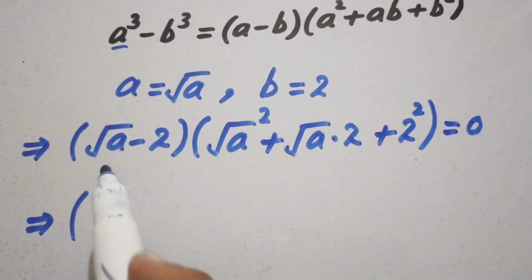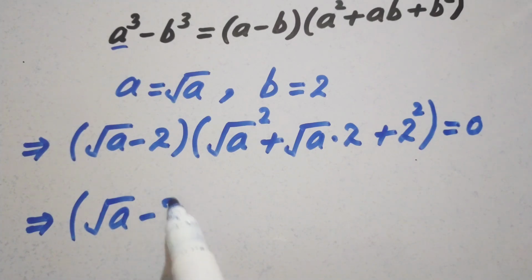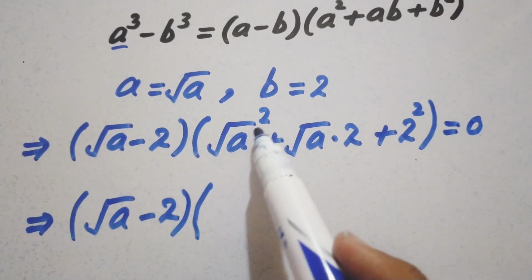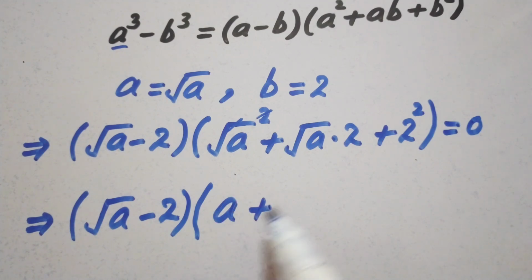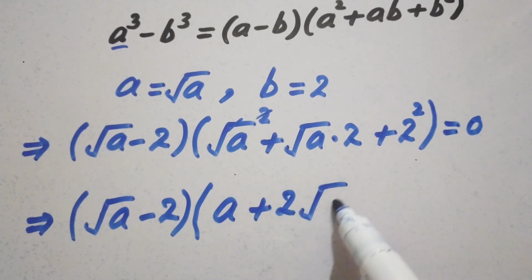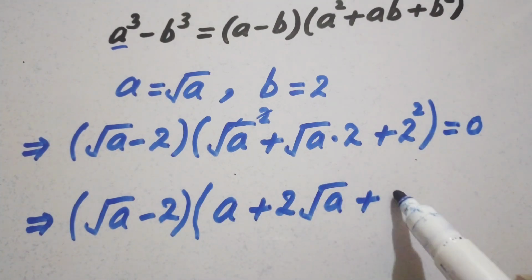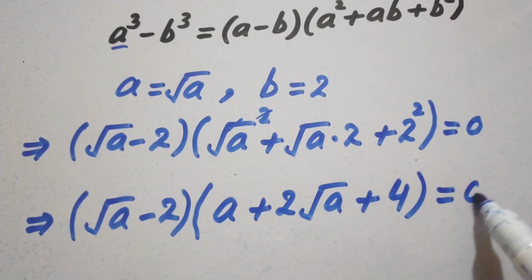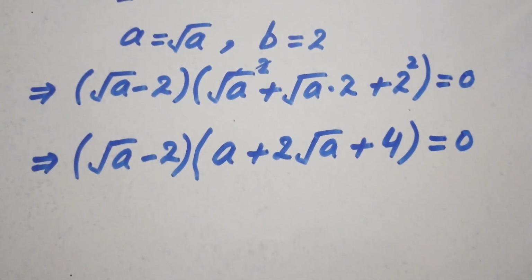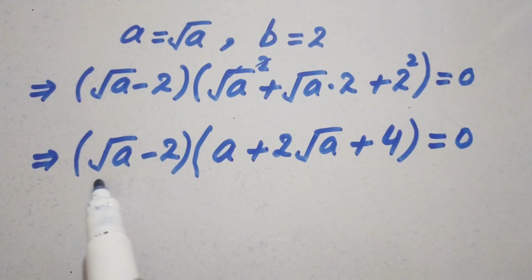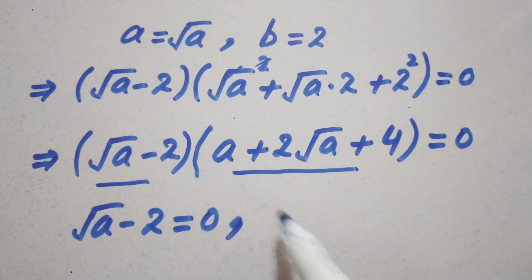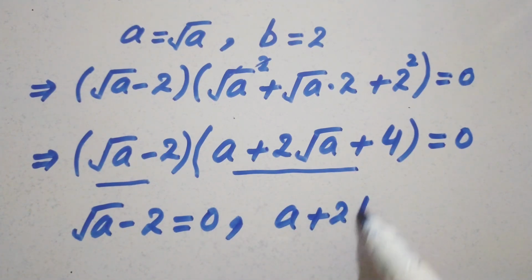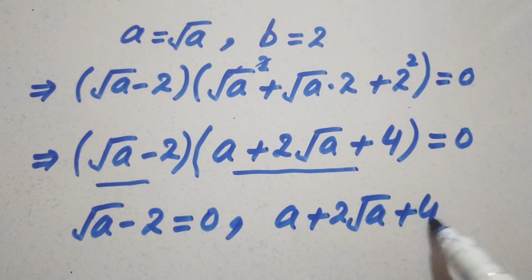Now in the next step, square root of a minus 2 into this square, the square and square root cancel out each other. We are left with a plus 2 into square root of a plus 4 is equal to 0. Now by using the zero product rule, we get square root of a minus 2 is equal to 0, and a plus 2 into square root of a plus 4 is equal to 0.